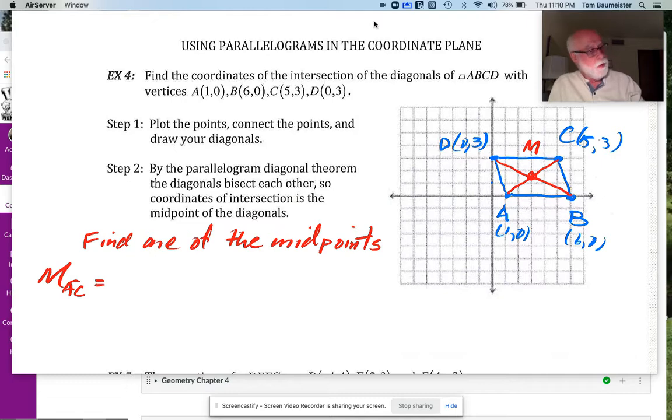And if we recall, the midpoint uses the x coordinates, so 1 plus 5 divided by 2, and the y coordinates, so 0 plus 3 divided by 2.